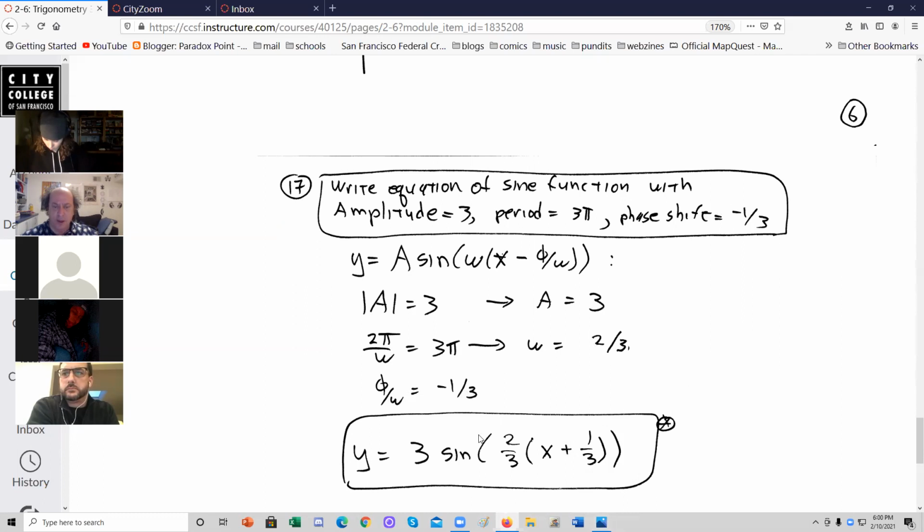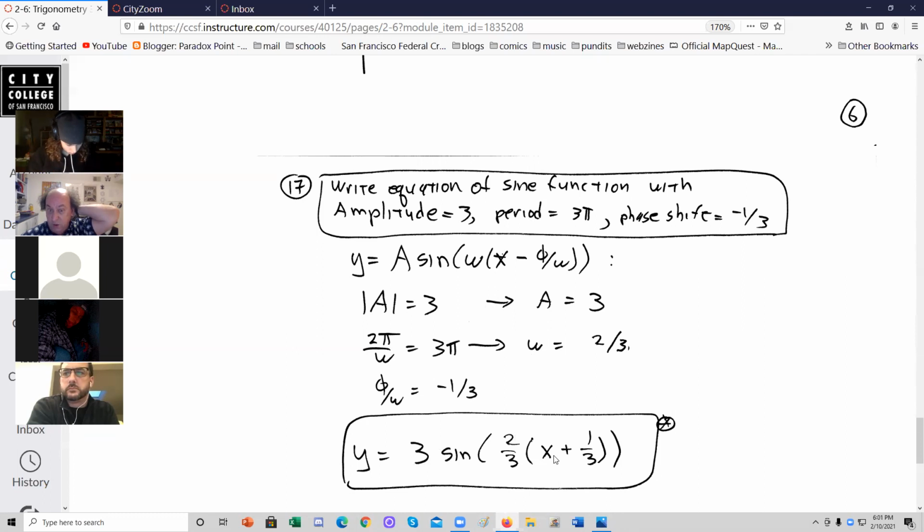All right. So you get the sine function, which we say starts going up, so a positive value of a, and it says it's a sine function. So I'll make this the +3 here, 2/3 here, and this should be x.